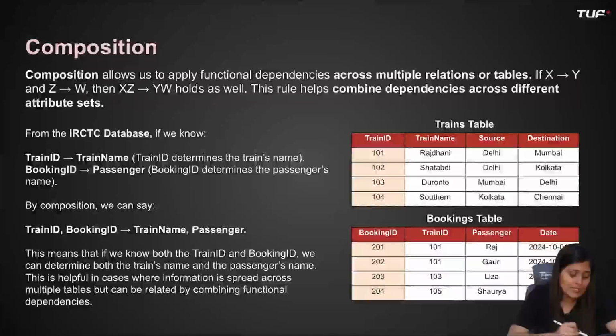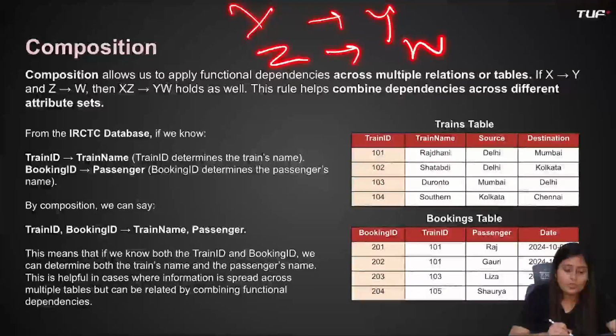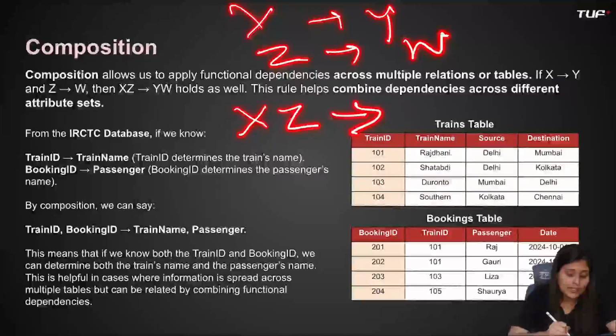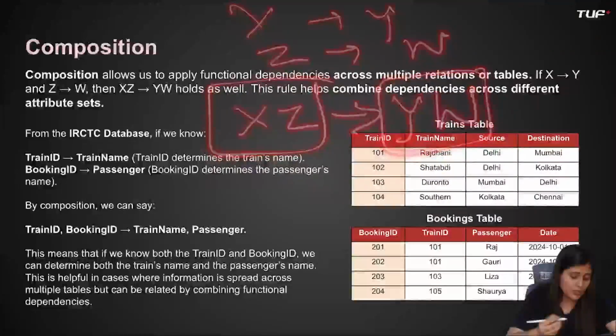Now last is composition. So composition allows us to apply functions across multiple relations. So if we have X determines Y and we have Z determines W, all four attributes are different, but composition says that X and Z on the left side together can define the right side combination. So how?